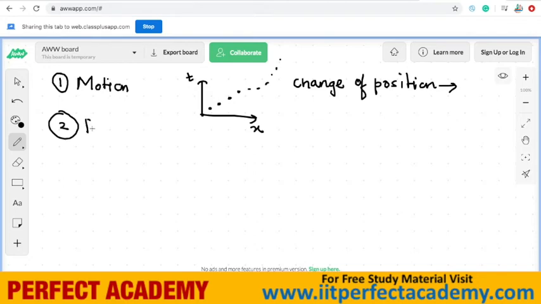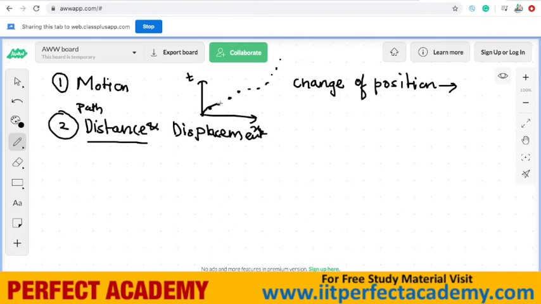So second part which we should know is distance and displacement. Now what is distance, or commonly it is also called path distance?